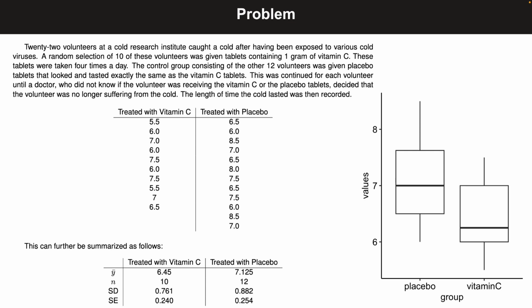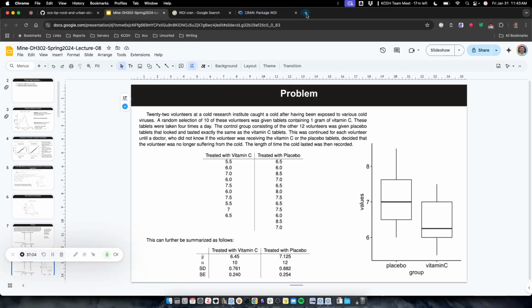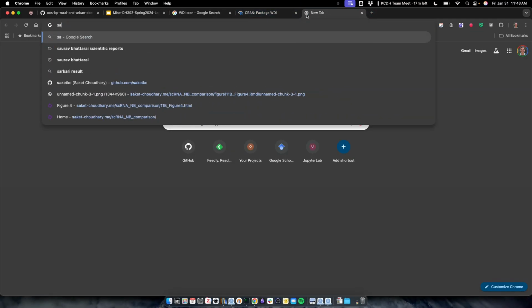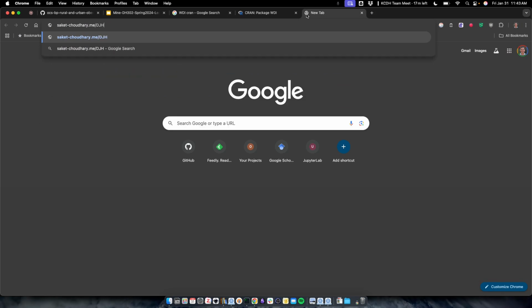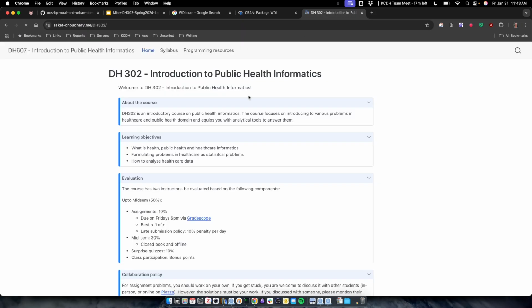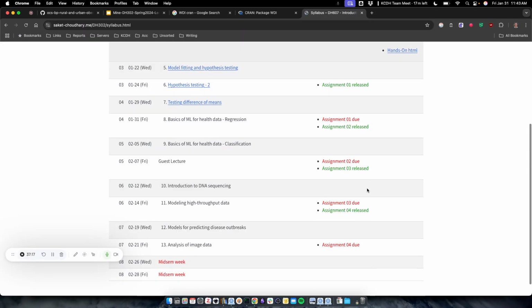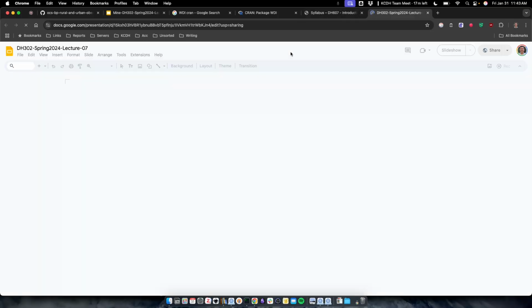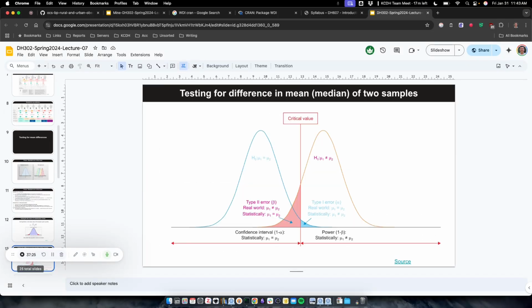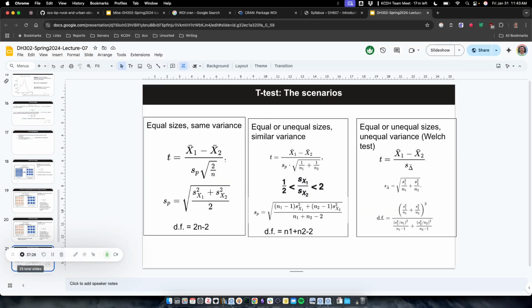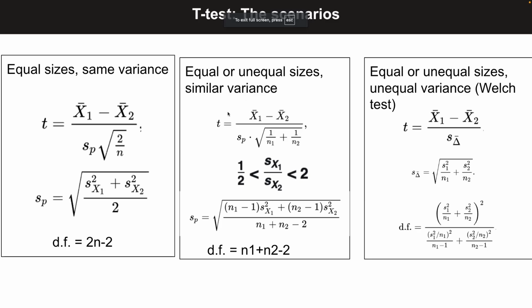So let me look it up. Actually, that's the easiest way, because intuitively that's the first thing that I wrote. Okay.